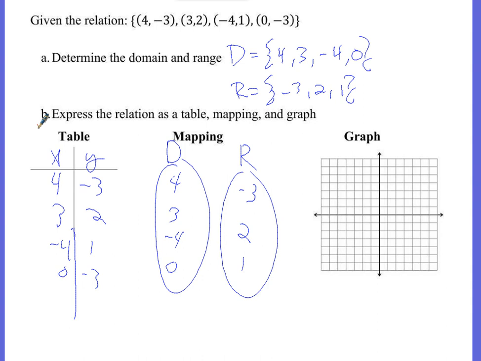Draw the arrows. So 4 maps to negative 3. 3 maps to 2. Negative 4 maps to 1. And then 0 maps to negative 3. So how am I going to do that?